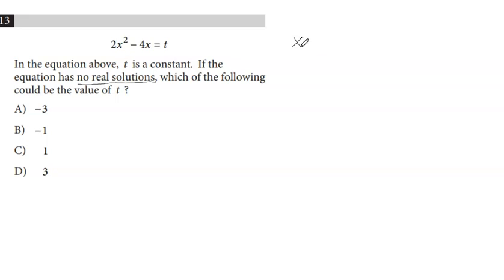So the formula says the solution x would be minus b over 2a plus or minus square root of b squared minus 4ac over 2a.